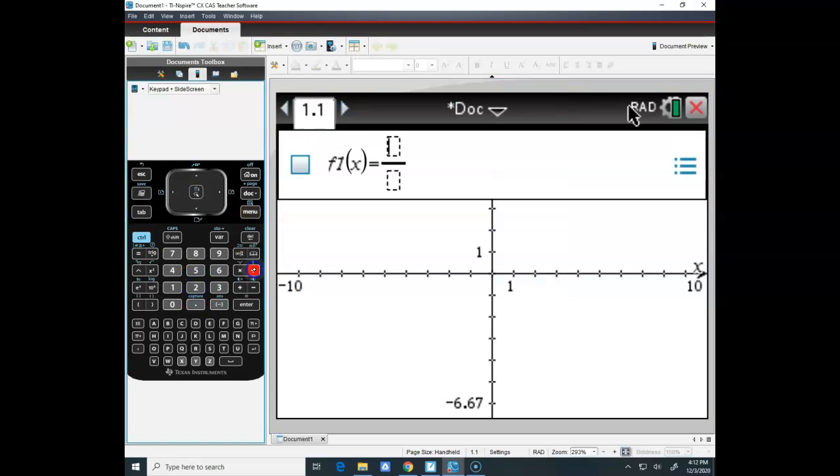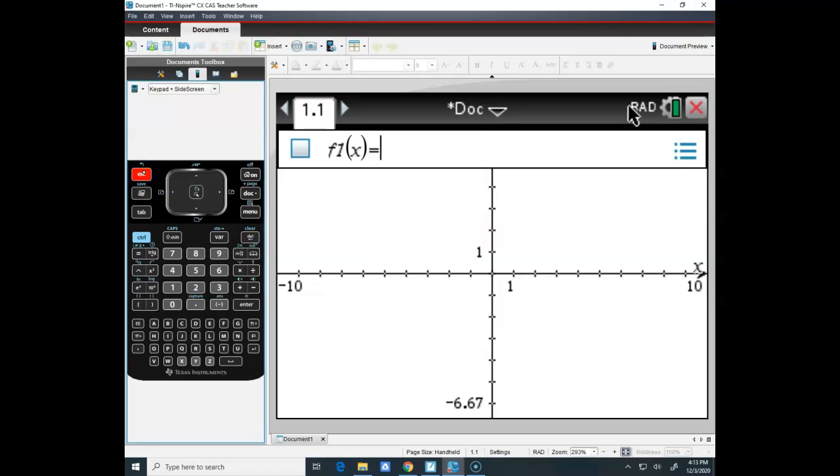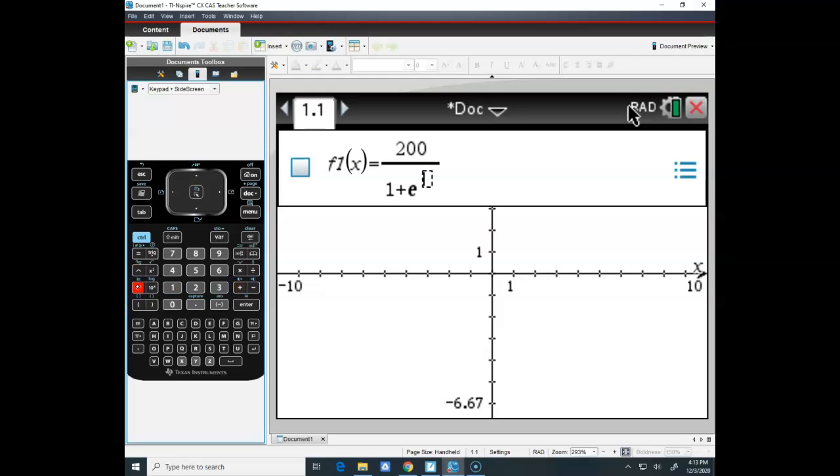And in that graph, I want a fancy fraction of 200 over 1 plus E. And what's raised to the E? Well, that's 5 minus, and I can't put a T in function mode. I got to put an X, and we're going to graph that.